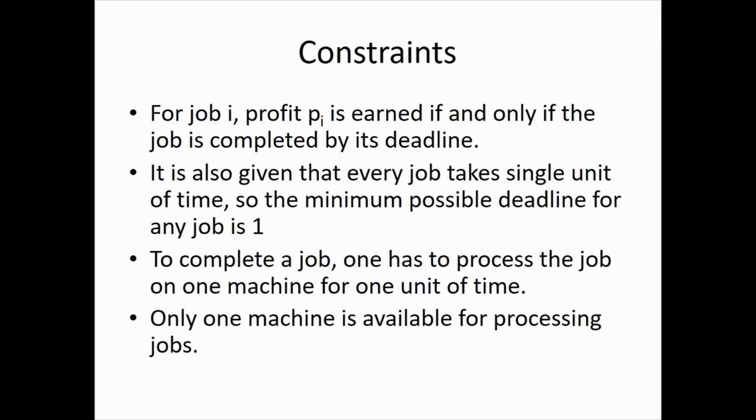So if we sum up the constraints, we have one machine and we process one job at a time on that machine, and in 1 unit of time the job is finished, and profit would be earned only if the job is finished by its deadline.